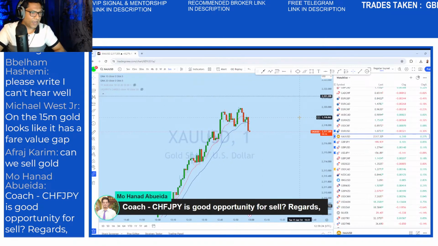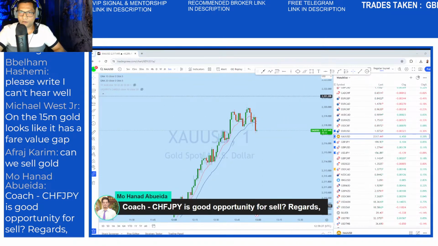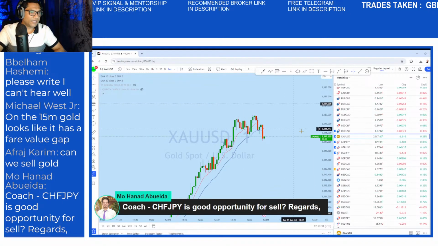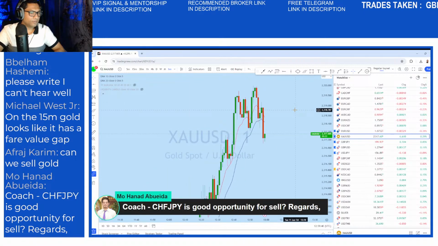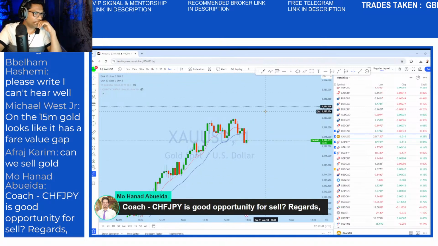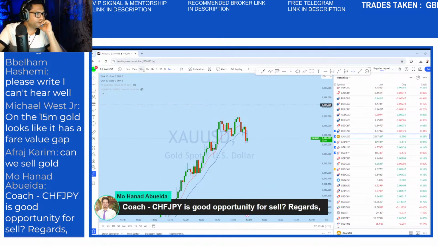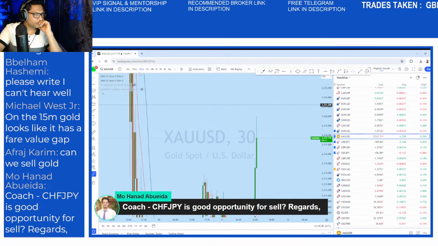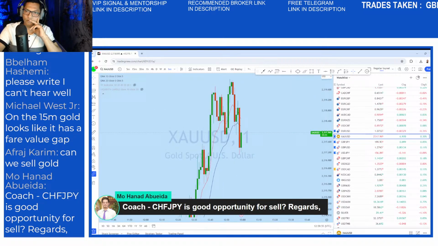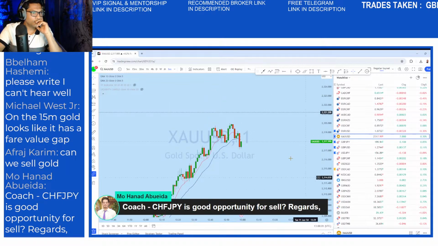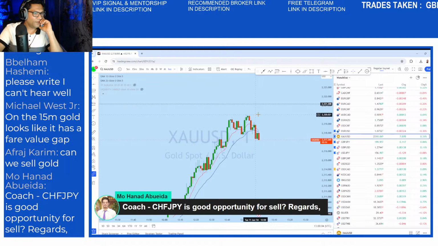Okay, so there is a head and shoulders formation here. We see that there is a head and shoulders on gold.